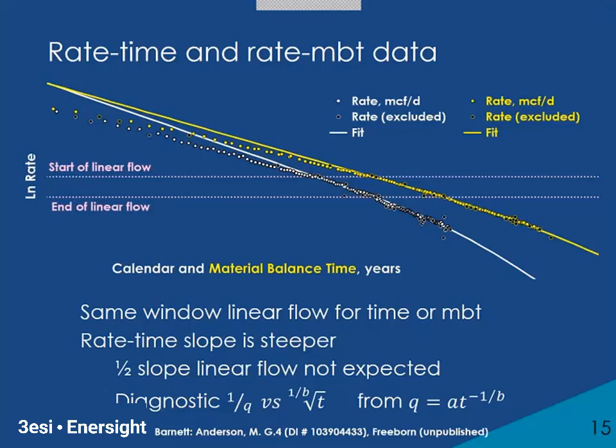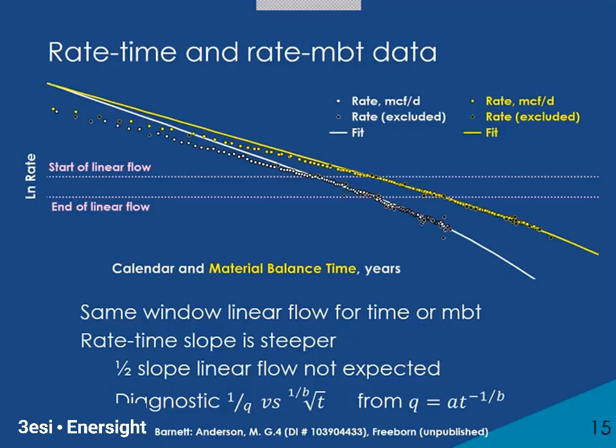The other thing that comes out of this is, a lot of people use a diagnostic of 1 over rate versus square root of time. How many do that? None of you. Oh, I see Vincent nodding. So when you use 1 over rate versus square root of time, you're making an assumption that you have a half slope.